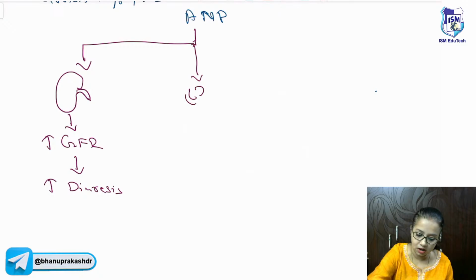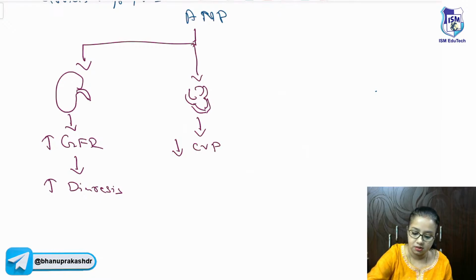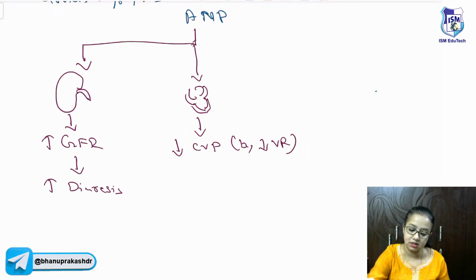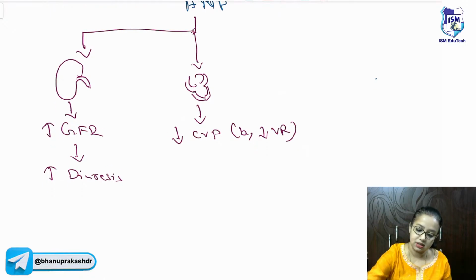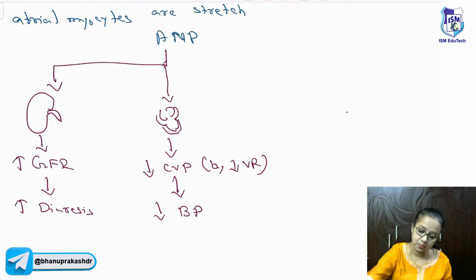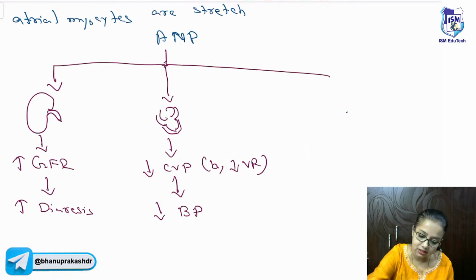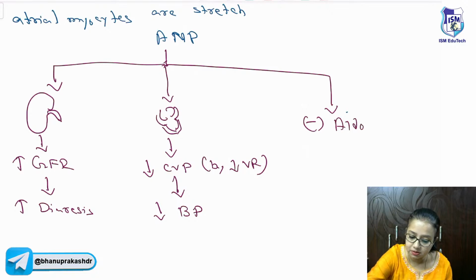On the heart, the way it acts is that it immediately decreases the venous return, and by decreasing the venous return, it decreases the central venous pressure. So when there is a decrease in the central venous pressure, there is automatically a decrease in the blood pressure. Okay. Another way it acts is that it inhibits the aldosterone.